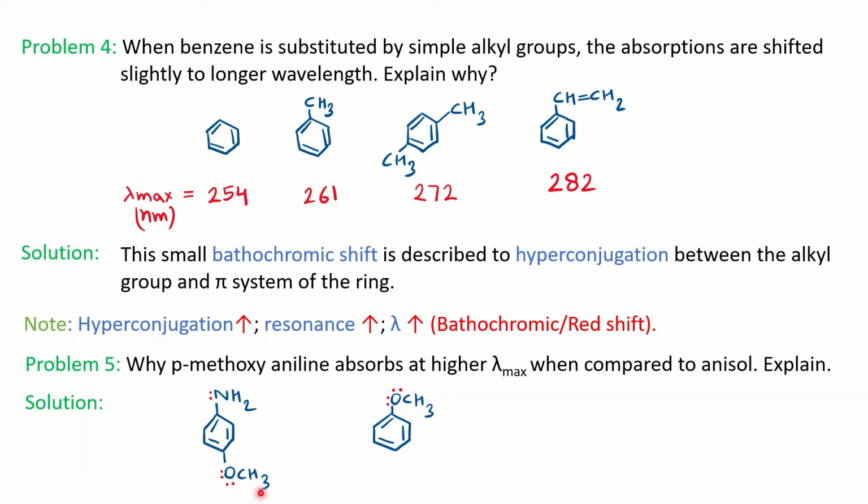But there is another explanation involved here: nitrogen is less electronegative as compared to oxygen. So nitrogen will give its electrons easily to resonate, easily for conjugation, as compared to oxygen. Therefore the electronic transitions are easier and faster here, less energy is required, meaning a higher lambda max value for para-methoxyaniline as compared to anisole.